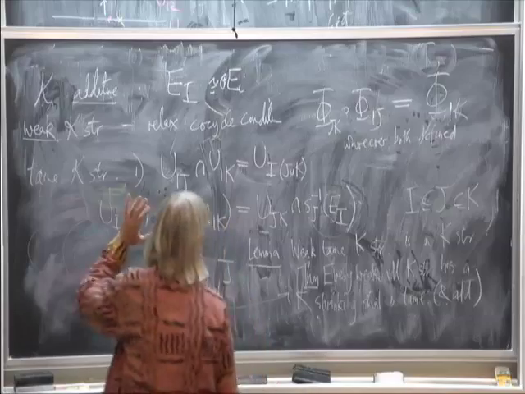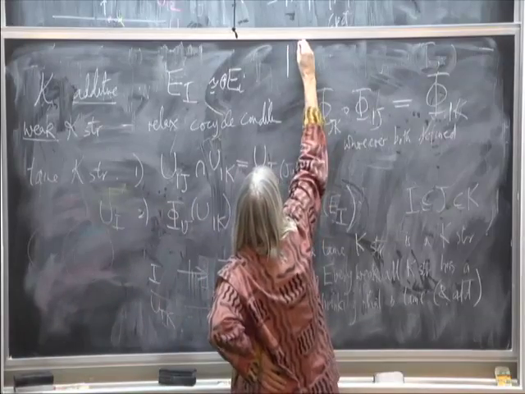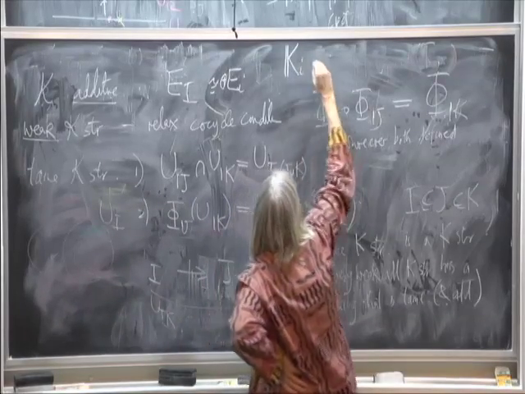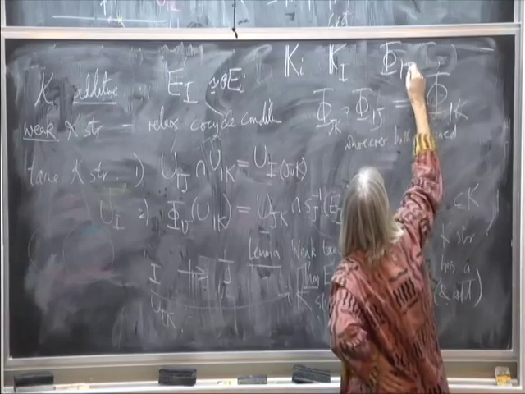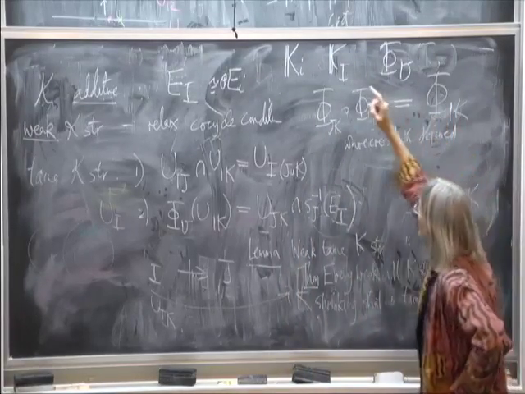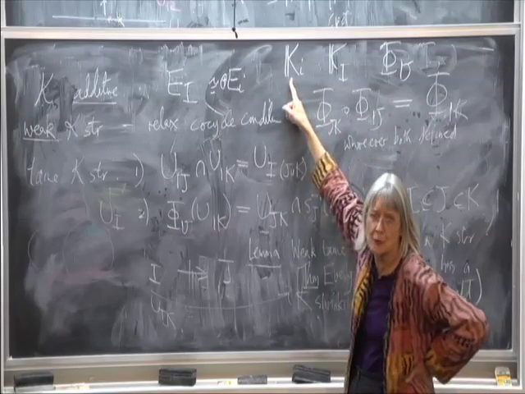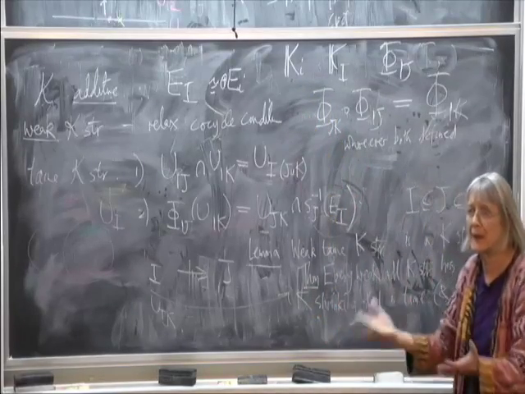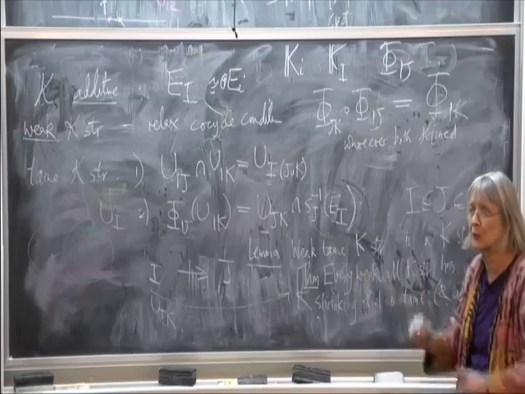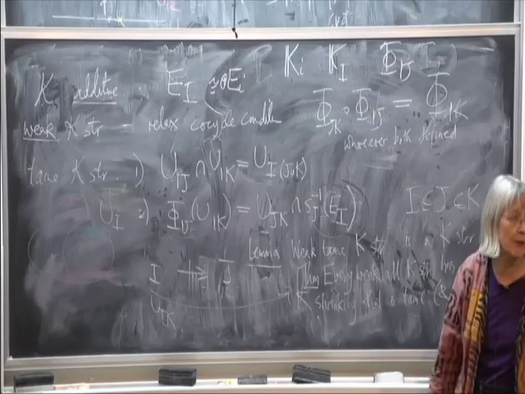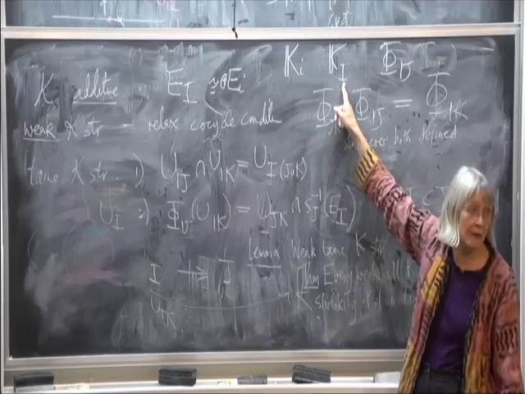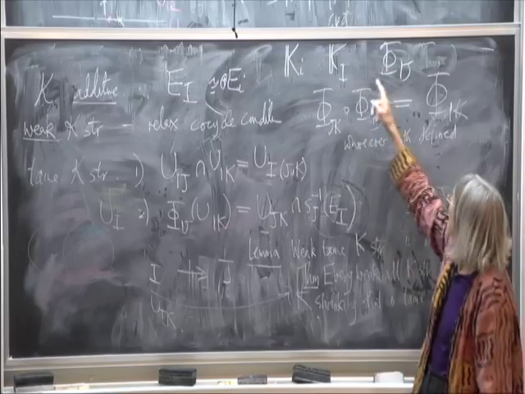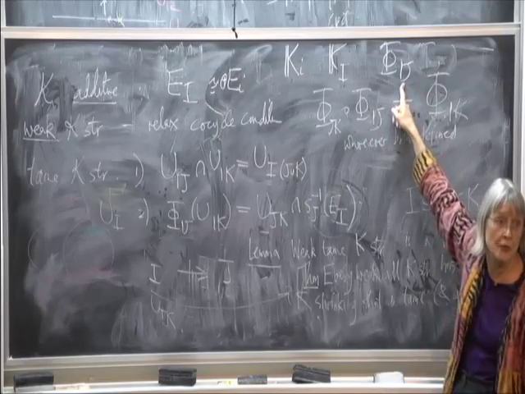I don't have time to write it down formally, but our data consists of these charts, Ki and the Ki and all these coordinate changes. A shrinking means you slightly shrink the footprints to some precompact open subset. You slightly shrink all the footprints, but keeping the same intersection pattern. And then you shrink these correspondingly, and then you restrict all. You choose some restricted domain.